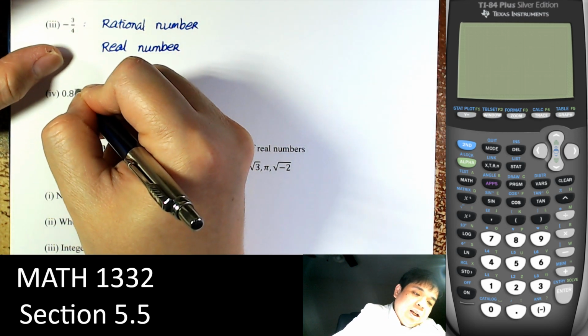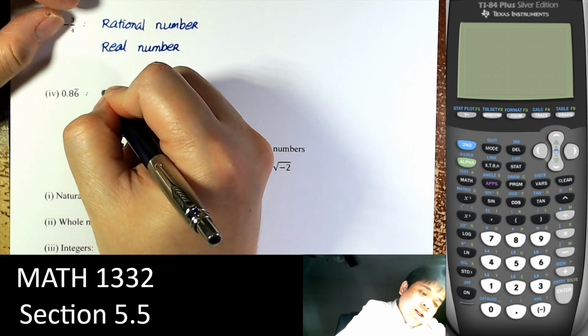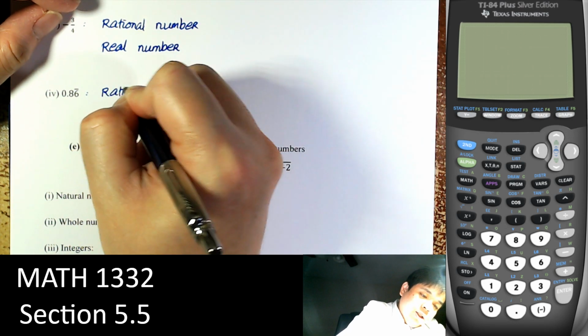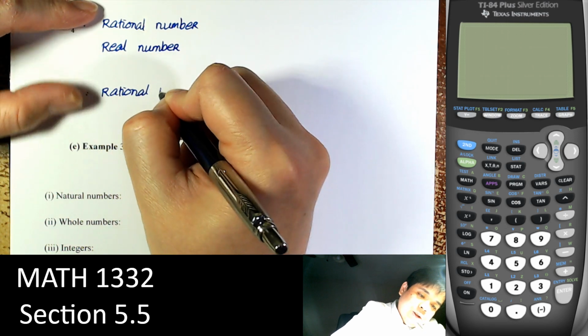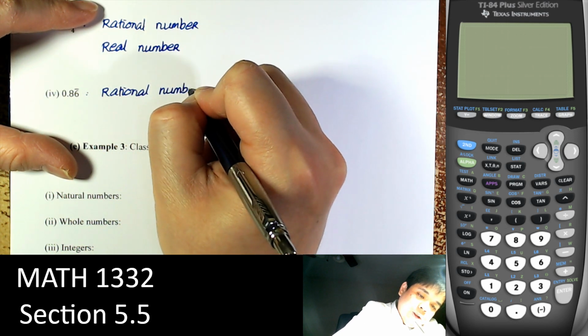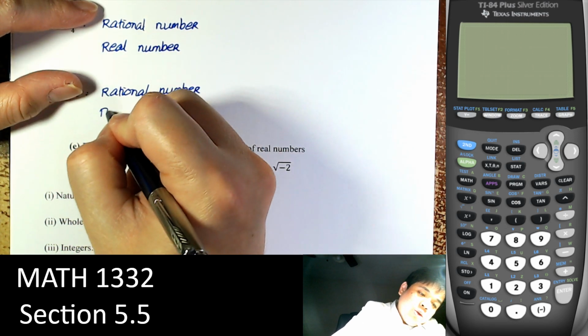This one is repeating because of the 6 repeating, so it is also a rational number. And of course a real number.